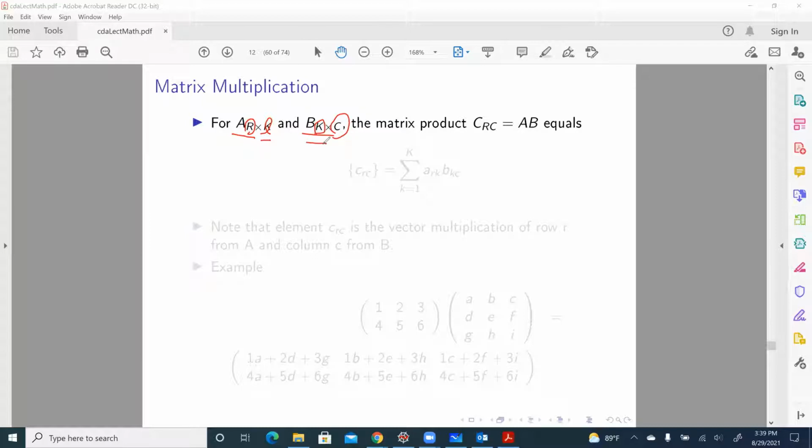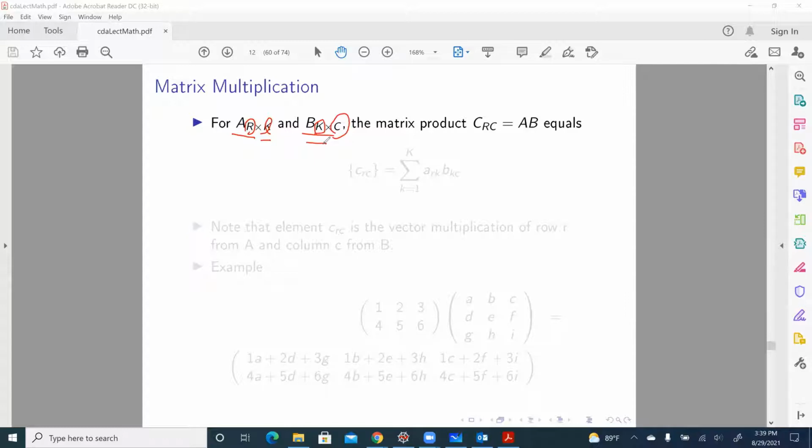Notice that the number of columns in the first matrix, that is the multiplicand matrix, the matrix that is to be multiplied, and the second matrix, here I'm talking about the number of rows in the second matrix, has to be equal to what?